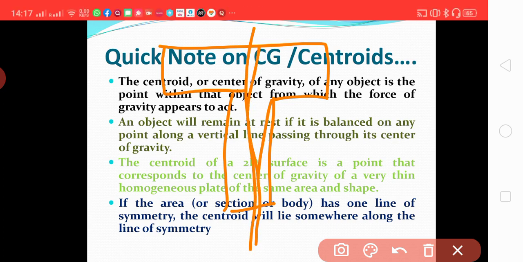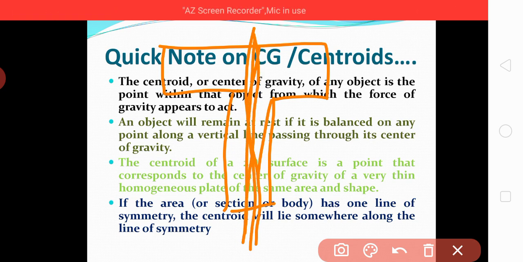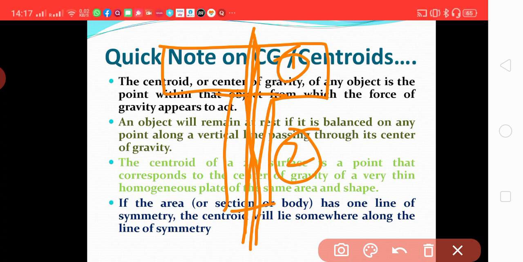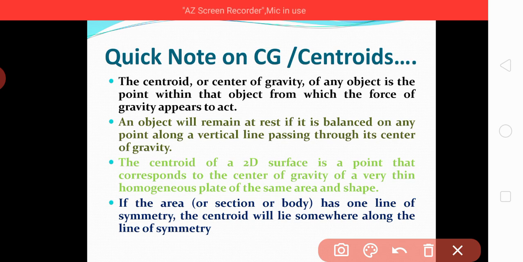So you can say that the centroid will lie somewhere over this line. Where it will lie will depend upon the dimensions of these two rectangles, that is rectangle 1 and rectangle 2. This was the point of consideration here.